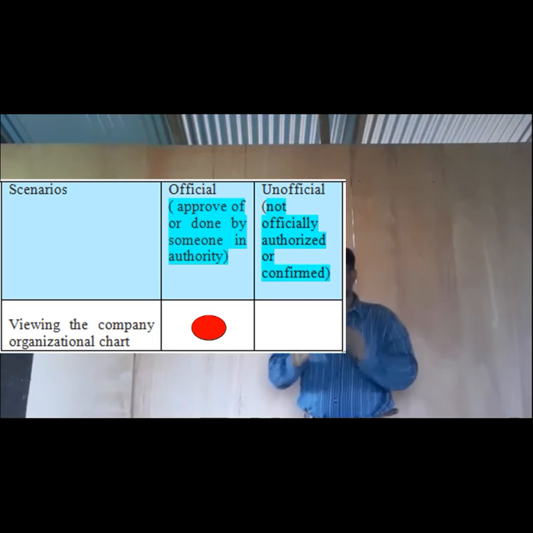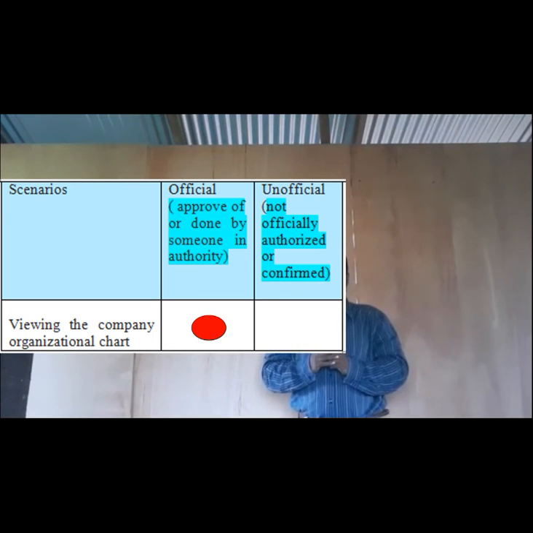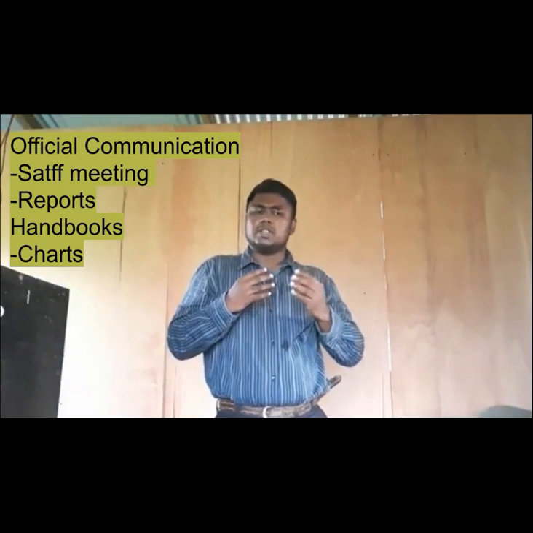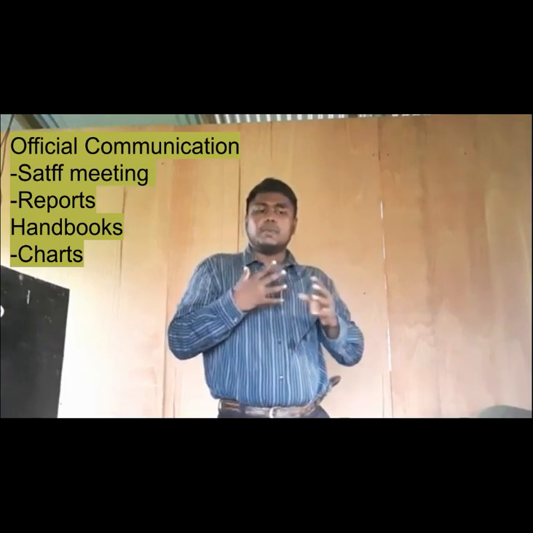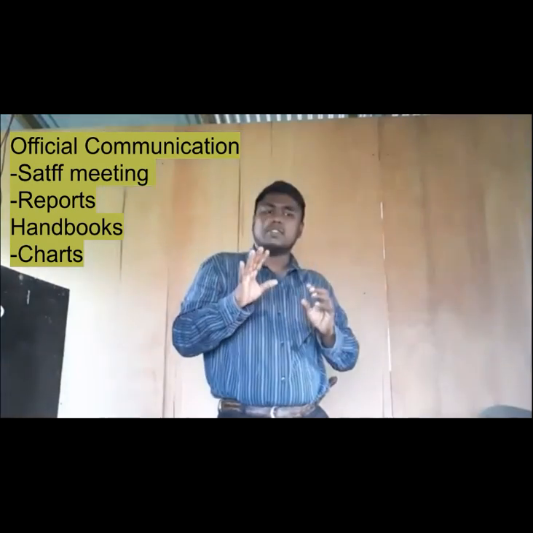So the activity was fun, right? Let's get ready for our next part of the lesson. I hope that you are enjoying our lesson today. So we're coming down to the closing of our lesson. So let's discuss what is official communication. Official communication is communication via established organization structure in keeping with the policies and practices of a business.